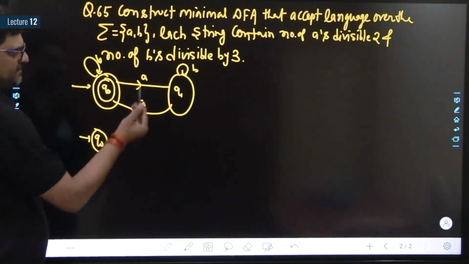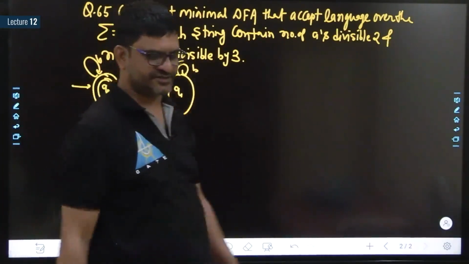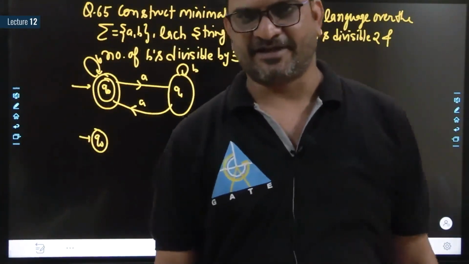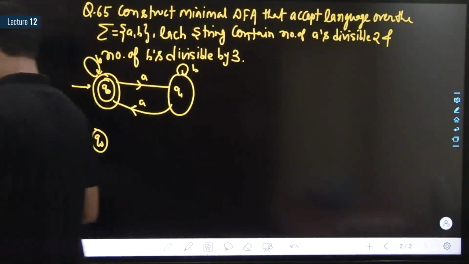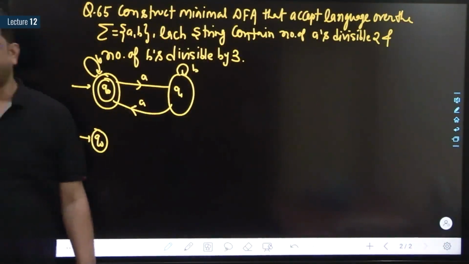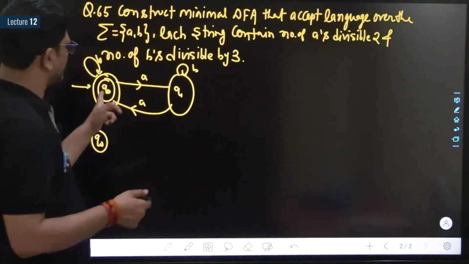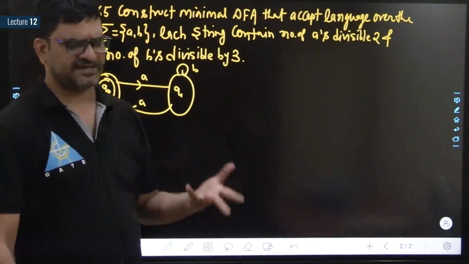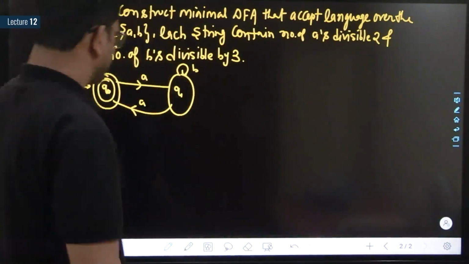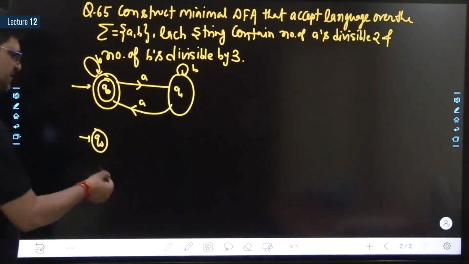Many questions are possible: number of A's divisible by 2 and 3, or number of A's odd and number of B's divisible by 3. Too many questions are possible. See the basics.